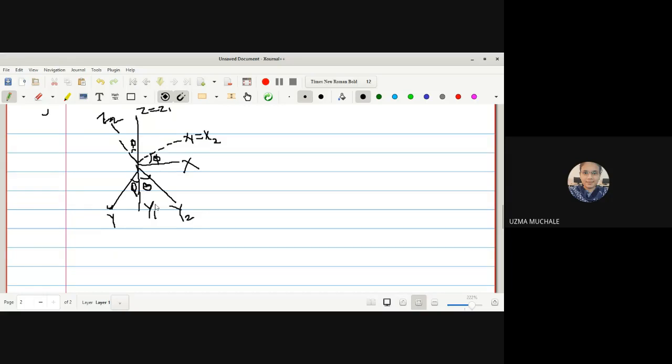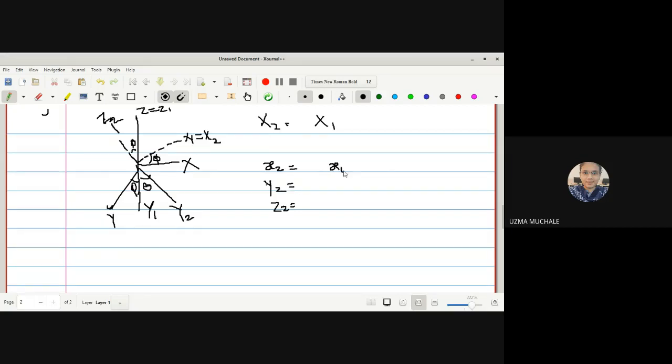Okay, now let us find out the transformation equations. That means we have to write x2 is equal to some matrix, that is a transformation from x1 to x2. Now we have to write x2, y2, z2. What will be x2?